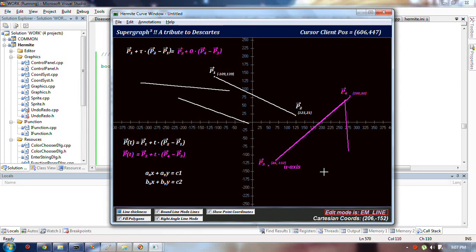Oh my god. What was the last one? The last line drawn. Oh, that was it. Darn it. Okay, well, it looks perpendicular. So this would be the v-axis.